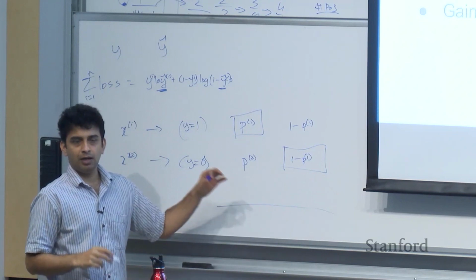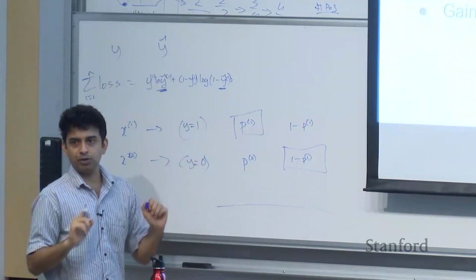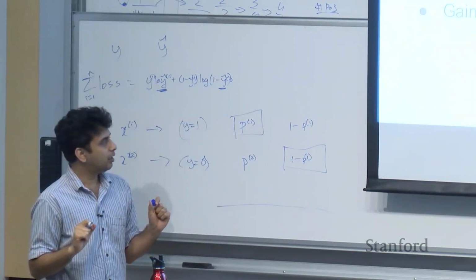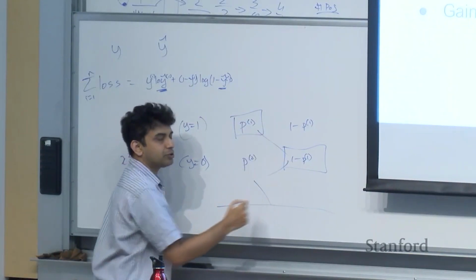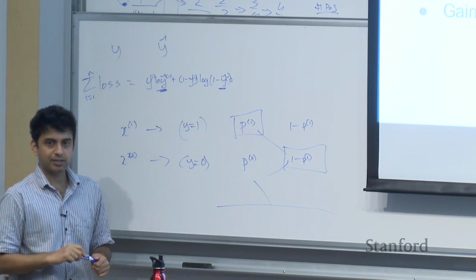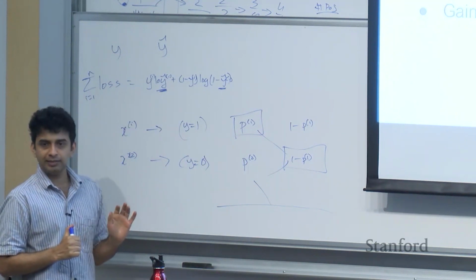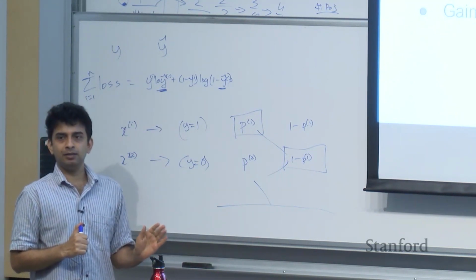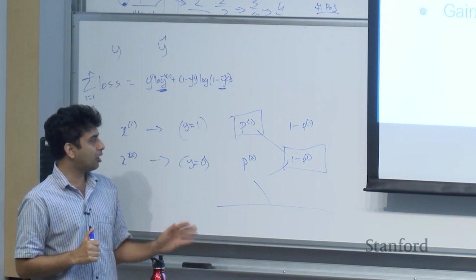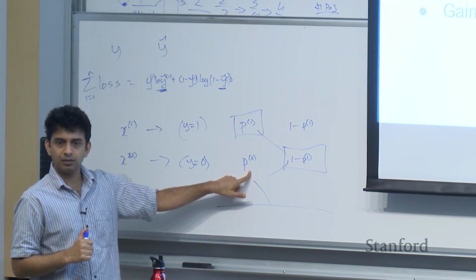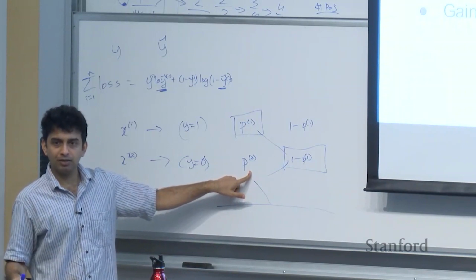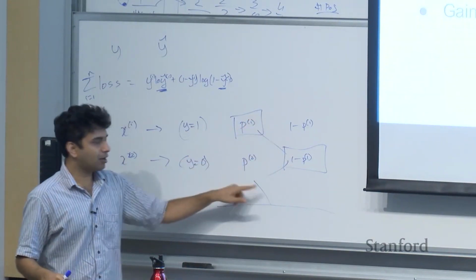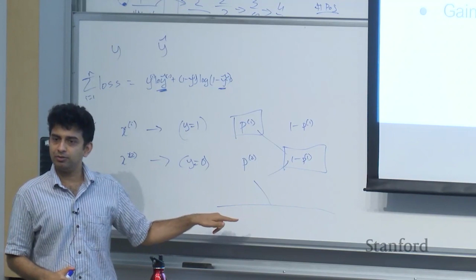And the final take-home amount that you're going to walk away with at the end is going to be the product of all these values. Which means if for any one of the examples you assigned a confidence of 1 or 0.99999 and you happen to be wrong, the entire product will be 0 or very close to 0.